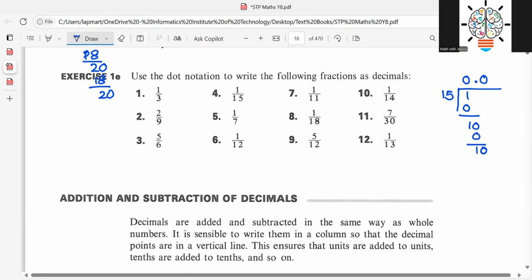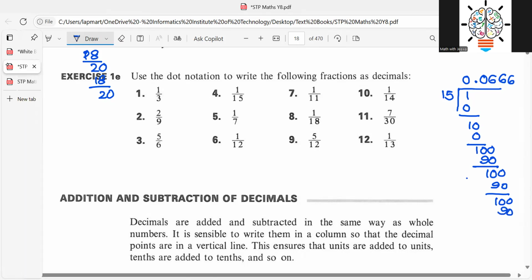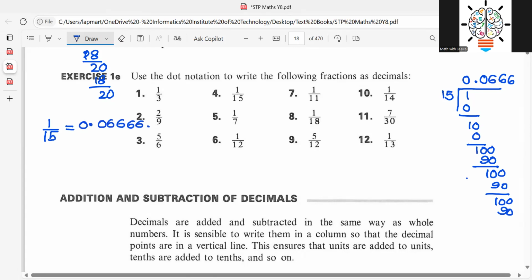Then 6. So we have 90 and again 6, 90, again 6, 90. That means if you have 1 over 15, that is 0.06666, right?